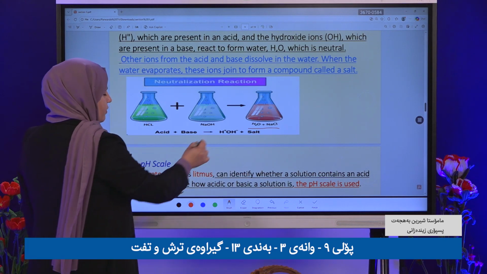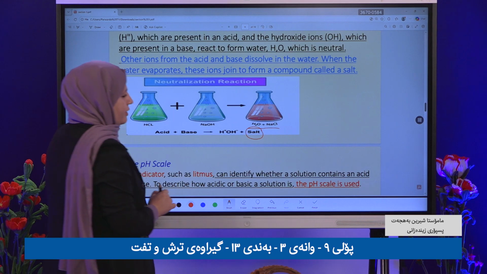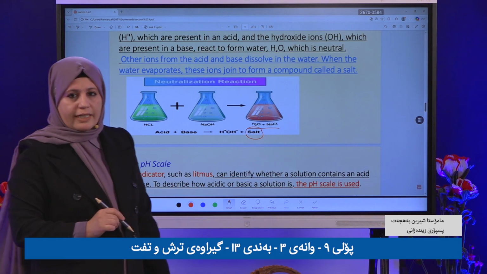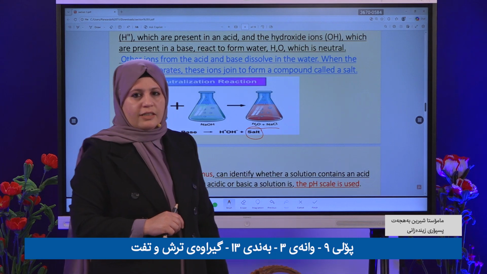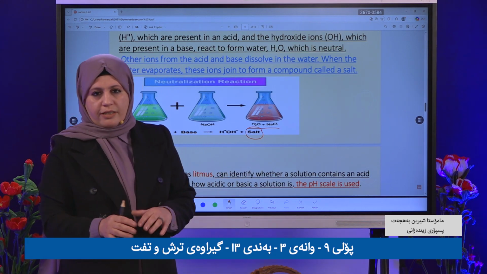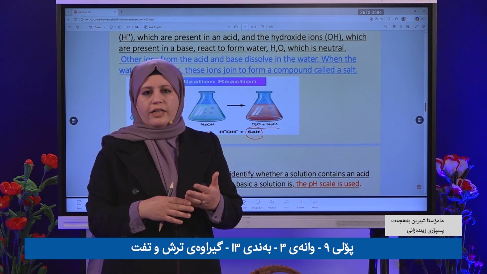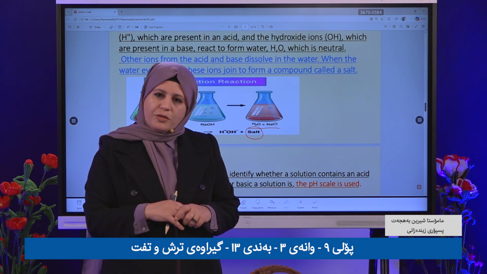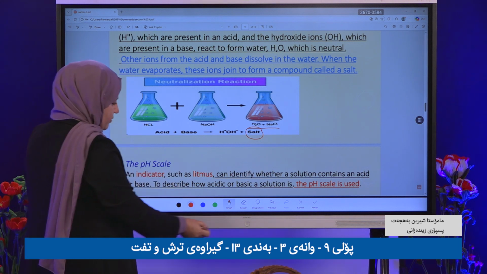They form H2O and salt. Clear? That's about neutralization. Neutralization is a reaction between a strong acid and a weak base in your stomach. Okay, they start to neutralize and form H2O and salt. Clear, dear students?